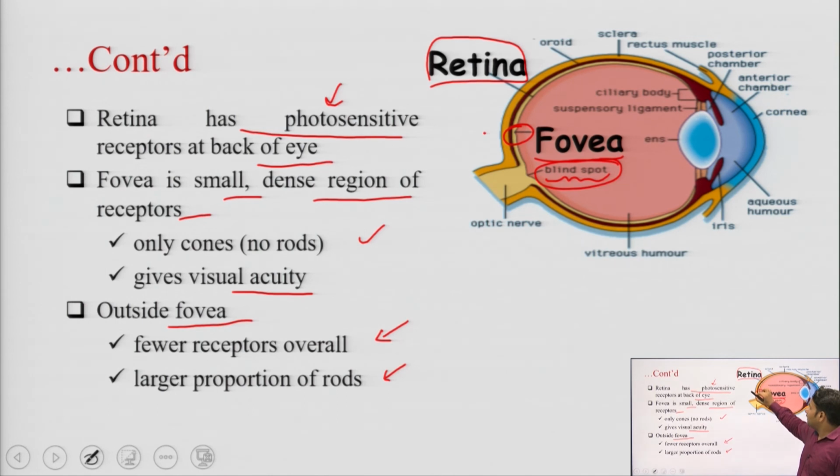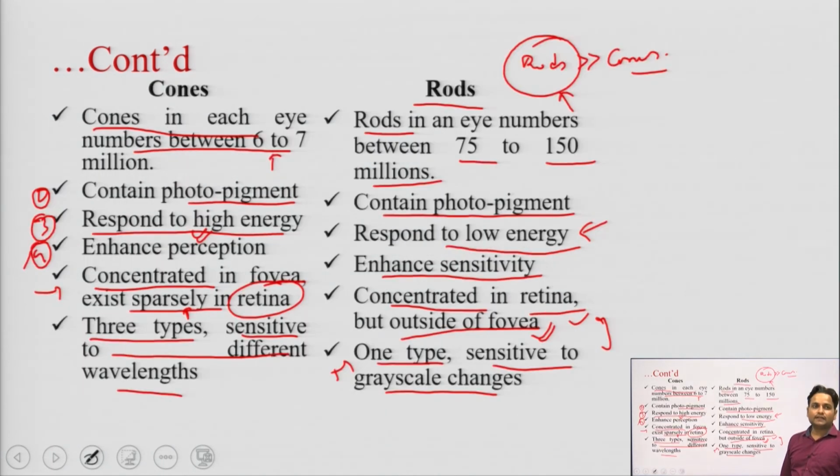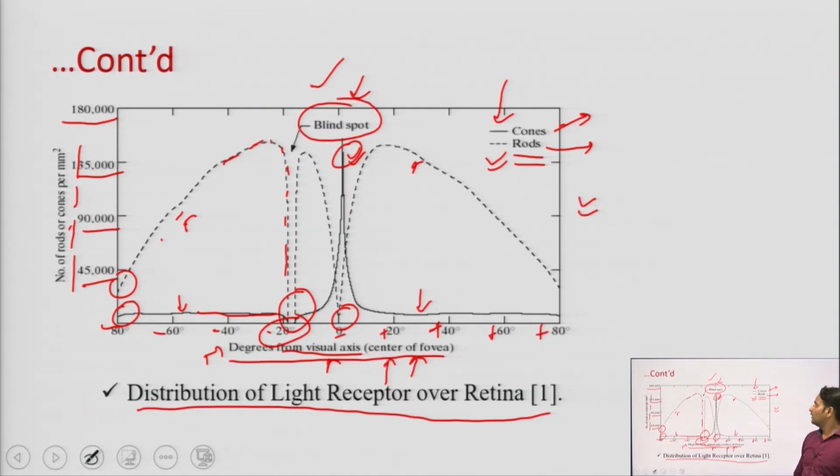From the center of the fovea, if you move clockwise, you are moving in the positive direction of angle, and if you move anti-clockwise, then it is the negative angle. Using this graph you can also identify the blind spot.